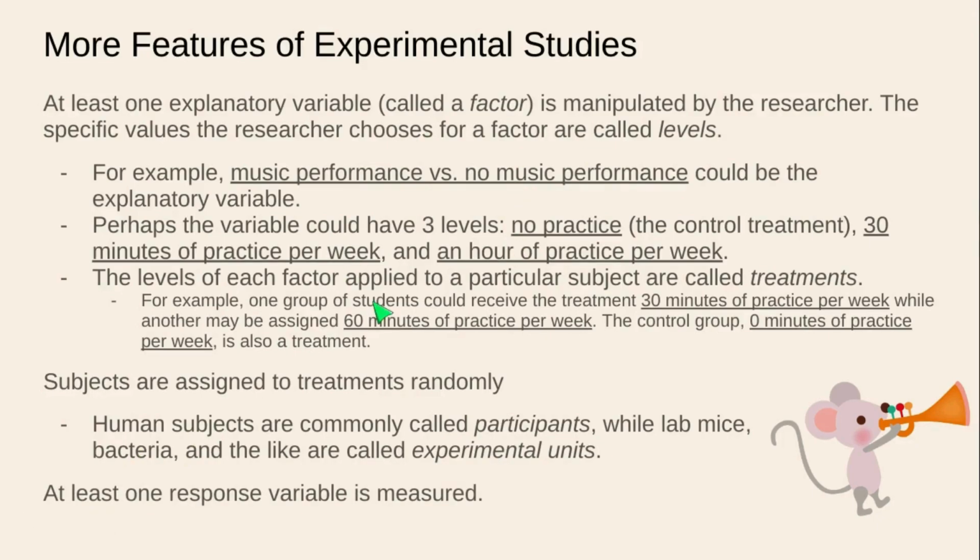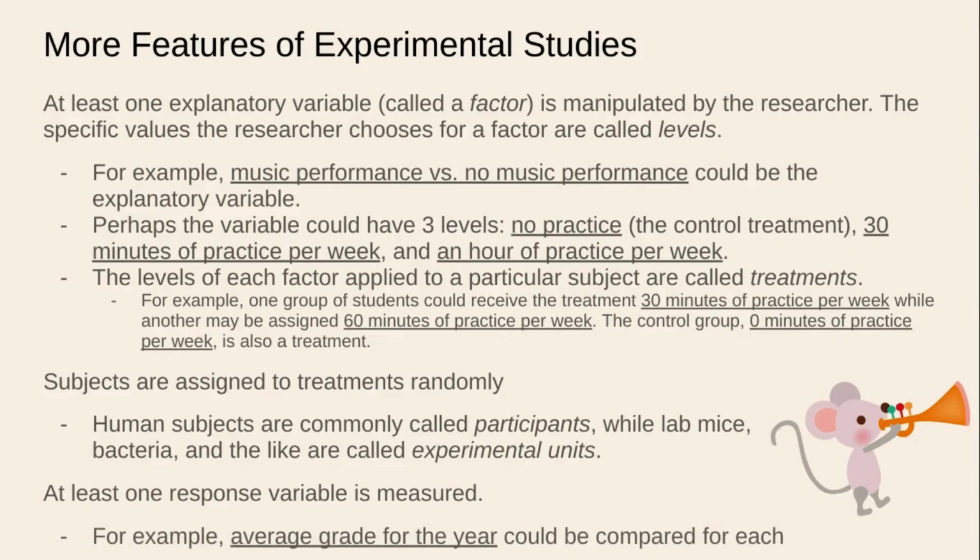So this is all about the explanatory variable. We break the values of the explanatory variable or factor into a couple levels. We gather some results about what happens in those different levels of the explanatory variable, and we see if a response variable, in this case academic success, changes depending on how much practicing you do in a week.